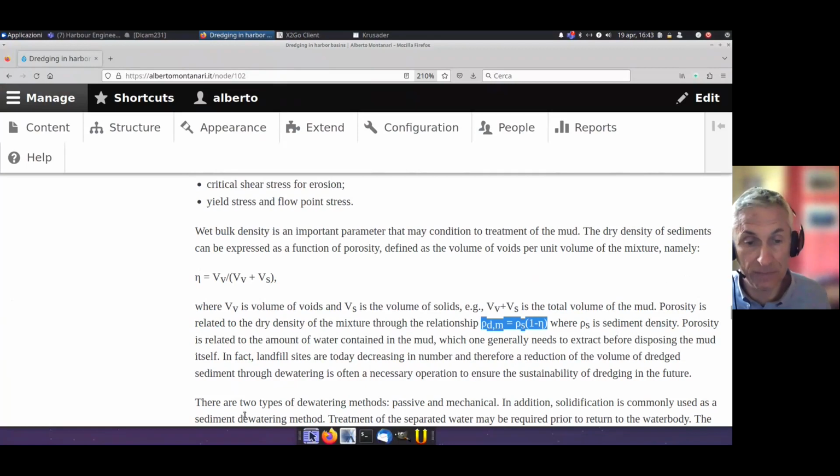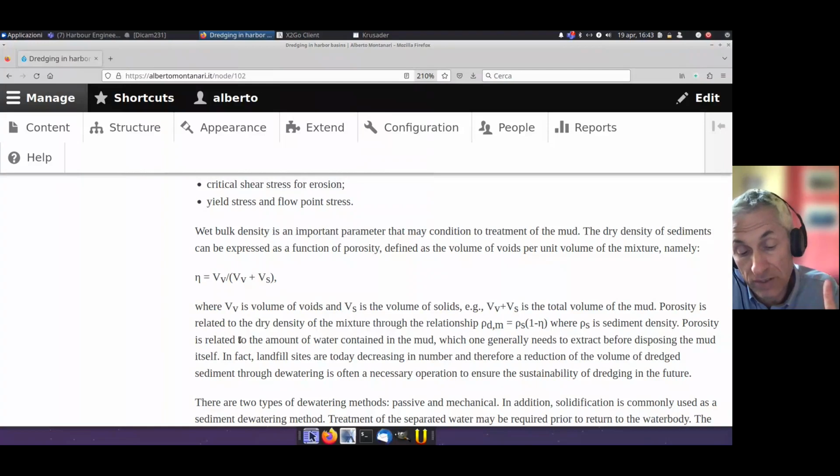And ρs is the bulk sediment density. Porosity is related to the amount of water contained in the mud, which one generally needs to extract. We need to extract water before disposing of the mud itself. In fact, the problem is that it is salt water, and therefore if we displace sediments with water, we displace an increased volume.